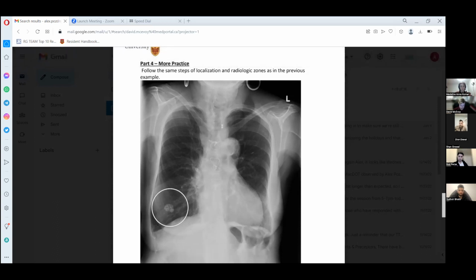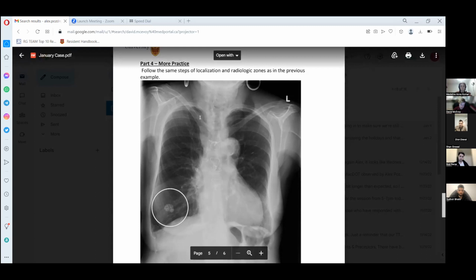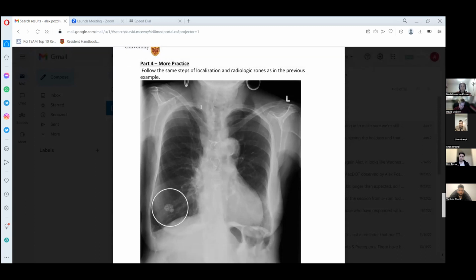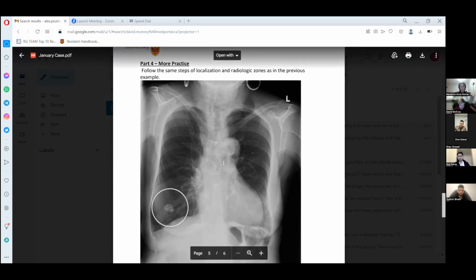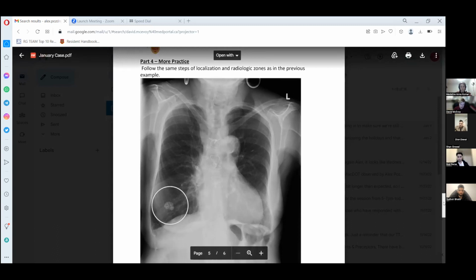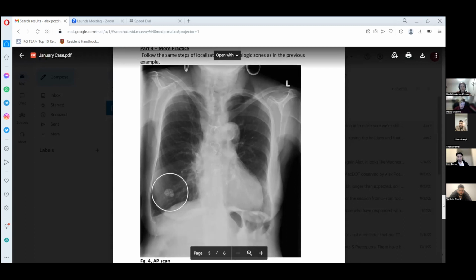It could be that the patient themselves is a little bit rotating, and we can see that they probably have a lot of kyphosis as well because their clavicles are really projecting further, and there's a lot of crowding of the ribs here, and nothing else really to stand out.